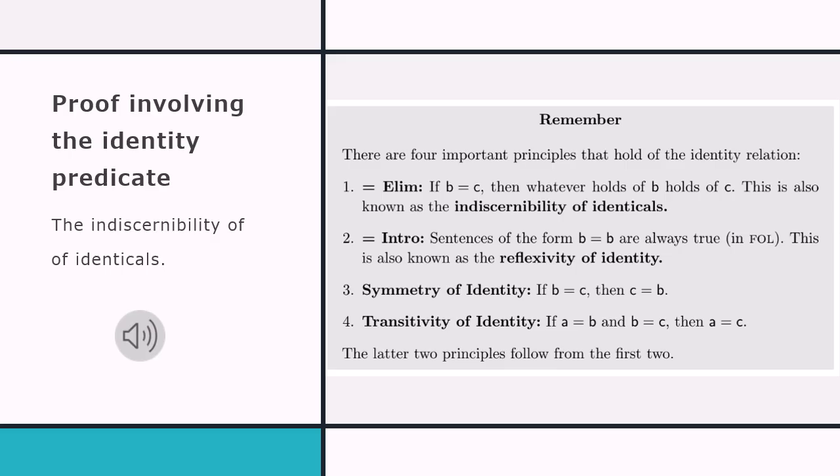But the point is just that the underlying features of identity are 1 and 2, right? That you can substitute two things that are identical. And if you have something that names something, it's identical to itself. Okay. And then those two things together get you the symmetry of identity and the transitivity of identity.